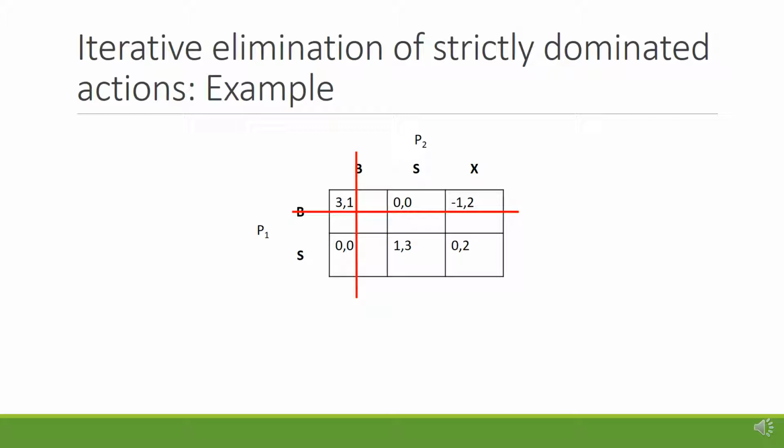So finally, we have this game that is remaining, because we know that the other moves are never going to be played by the respective players. Player 1 only has one move, S, and player 2's moves are S and X.